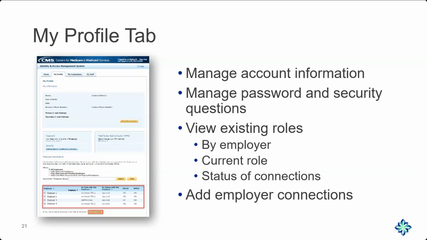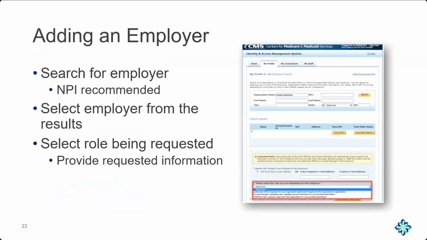So if something's missing or something doesn't look quite right, you can go in and request that. If you're working for an employer and you need to request a connection so that you can work on their behalf, this is where you're going to do that. You'll click on Add Employer, and that box is going to change, and it'll look like you see on the image on the right, the lower half. At the top, you're going to want to search by the employer.